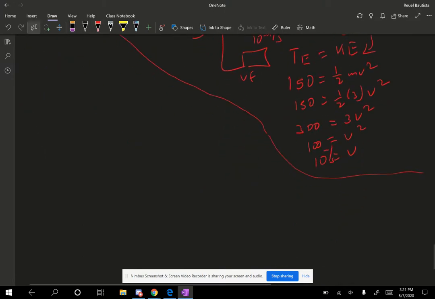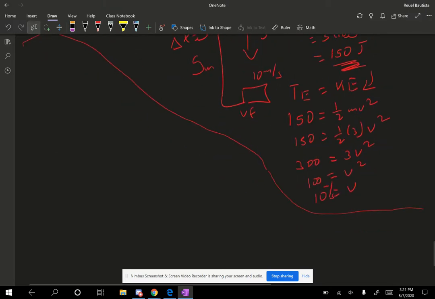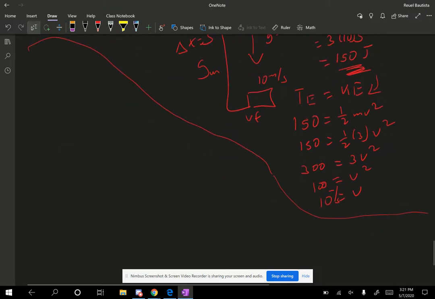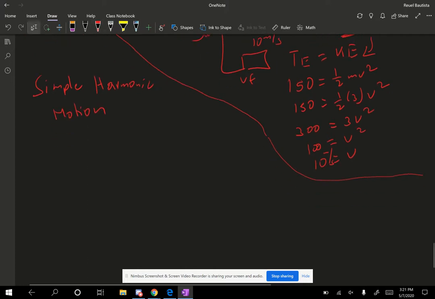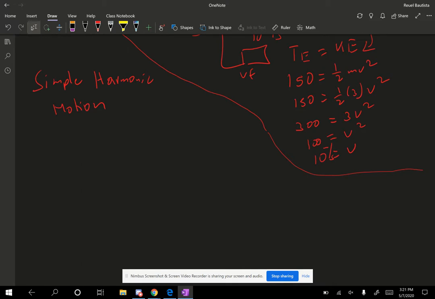Right. So now, with the time given to us, we should have time for, and we talked about this last time already, simple harmonic motion. Okay. So simple harmonic motion is typically going to be observed through a spring or a pendulum, typically ideal springs and ideal pendulums, right?